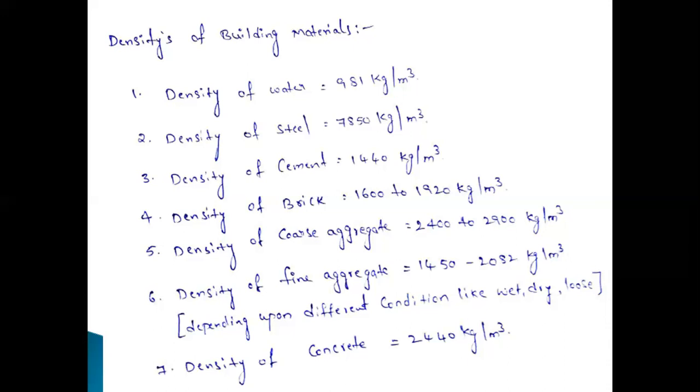Density of coarse aggregate is 2400 to 2900 kg per cubic meter, as different grades of coarse aggregate are used. Next, density of fine aggregate is 1450 to 2082 kg per cubic meter, depending upon conditions like wet, dry, and loose. Next is the density of concrete, 2440 kg per cubic meter.